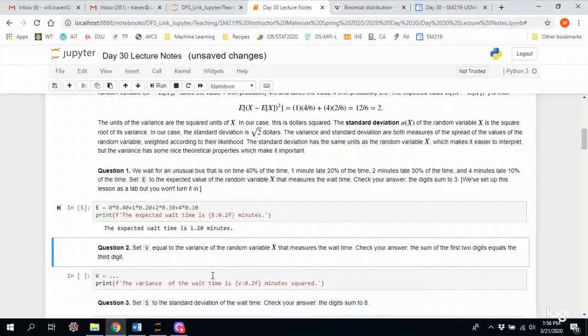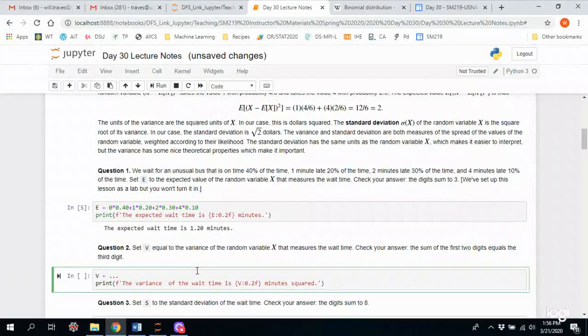Yeah, so they do. Okay, let's compute the variance of this same random variable. And for this, you need to compute one of the possible values, like 0 is one of the possible values for the random variable. We subtract off E, and then we square that number, and we have to weight that number by the probability that the random variable takes the value 0.